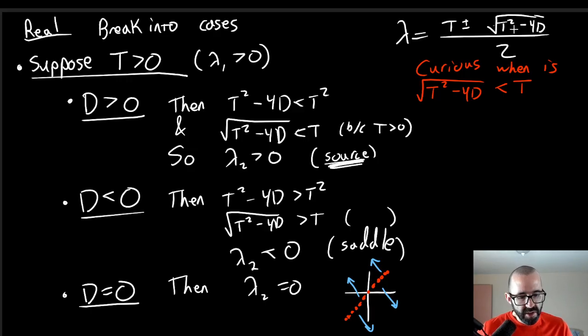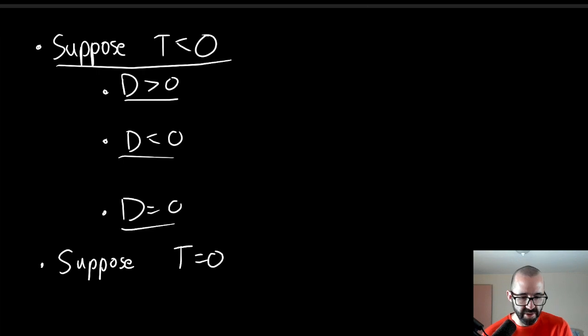If the determinant's negative and t is 0, we just have plus or minus this over 2. So it's still a saddle. They just have the same eigenvalue. So it's just a very nice looking saddle.